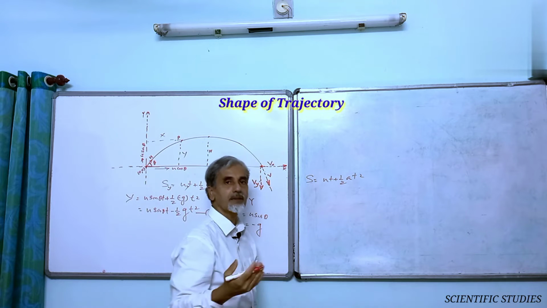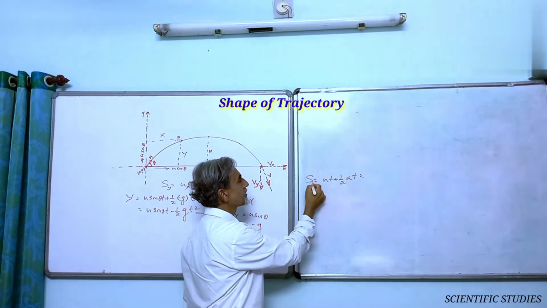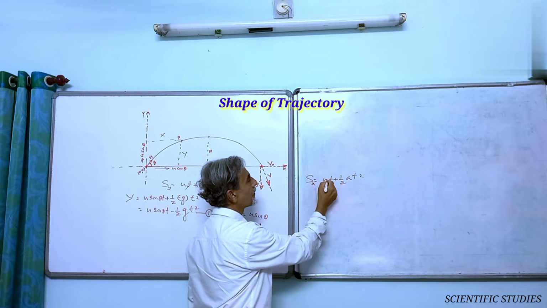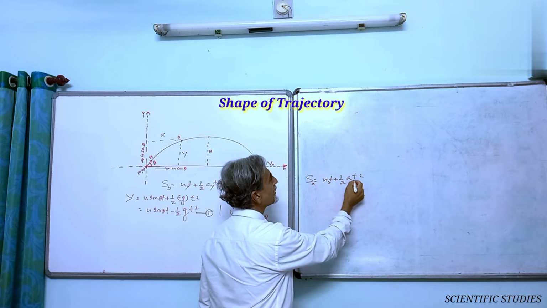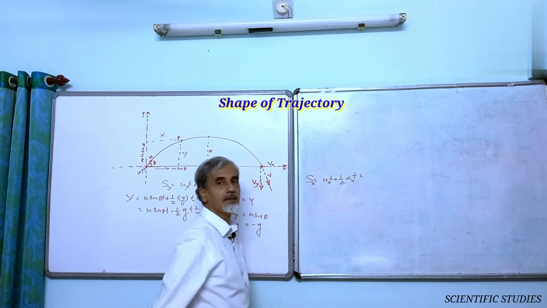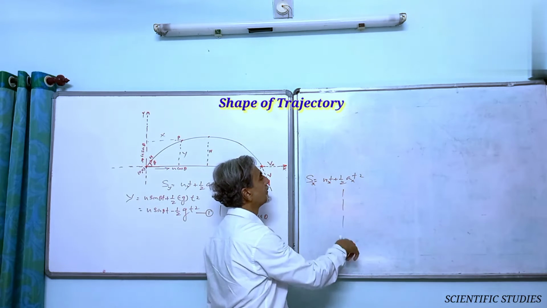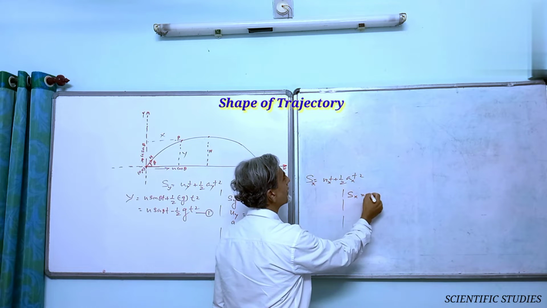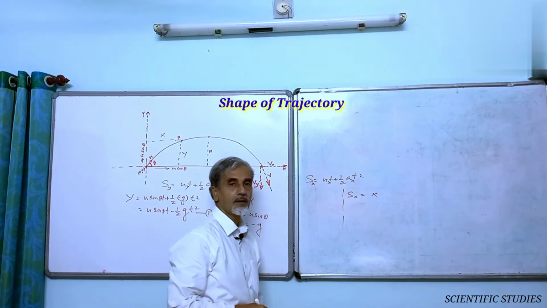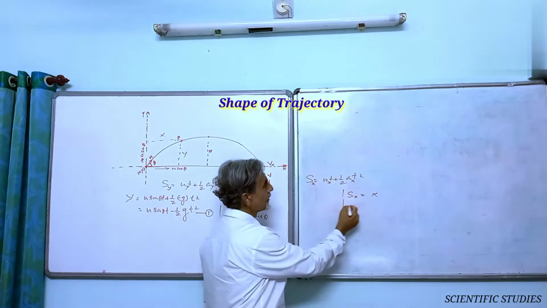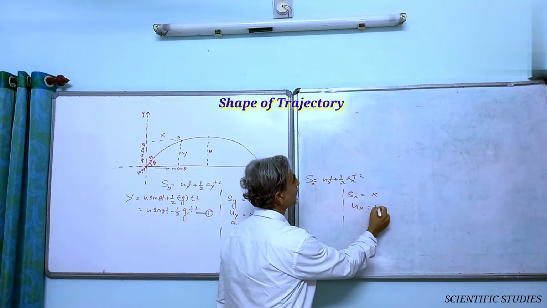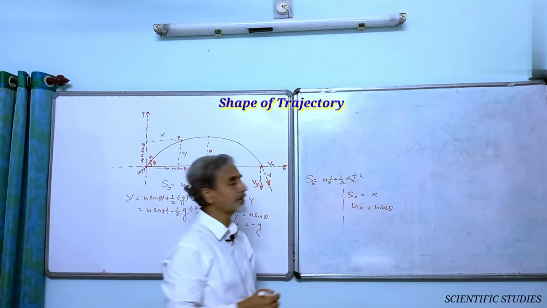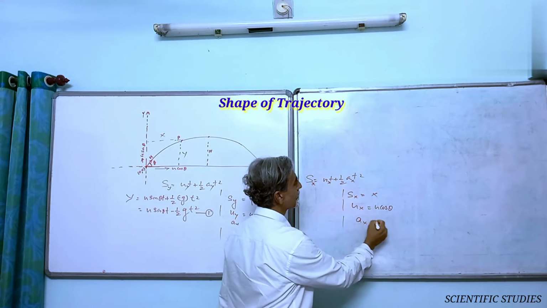Here we measure the horizontal displacement, that is x, the velocity also in the horizontal direction, that is ux, and the acceleration also in the horizontal direction, that is ax. The horizontal displacement is x, the velocity in the horizontal direction ux is equal to u cos theta, and the acceleration in the horizontal direction ax is equal to 0.